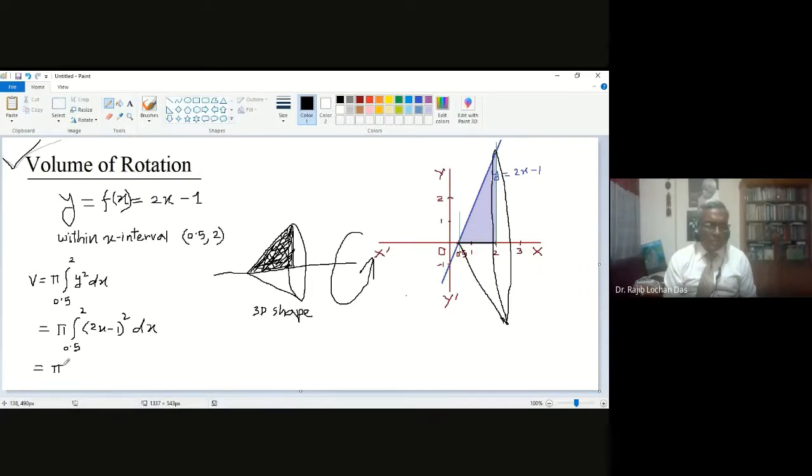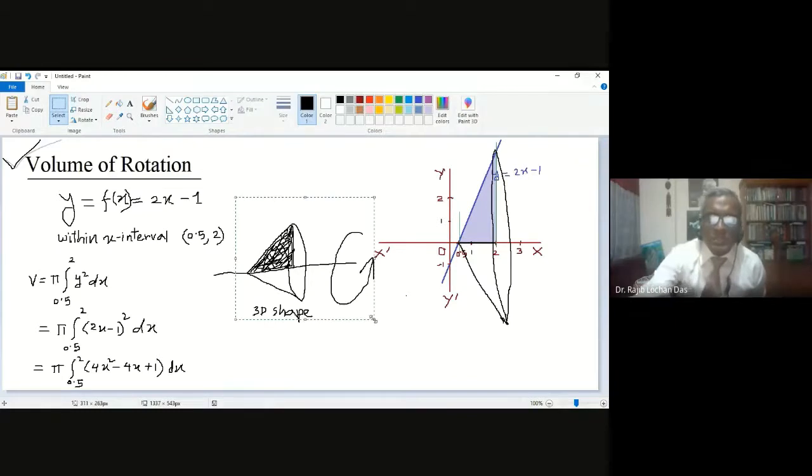You will just expand the whole square formula. So it is 4x square, then minus 4x, then plus 1. So it will be the expansion of the a minus b whole square formula. Then you move to the calculation next.